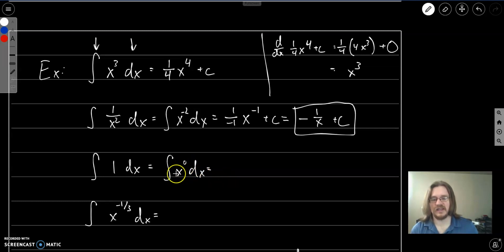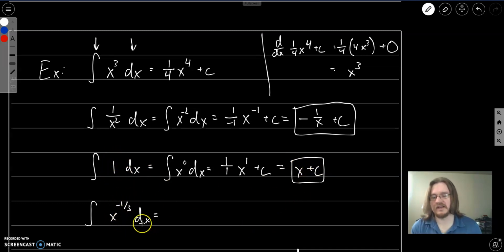I can raise this to the 1 bigger power. 1 bigger than 0 is 1, and I need to divide by 1 and add c. But 1 divided by 1 is 1, and 1 times anything is whatever that is. And x to the first power is just x. So there is my antiderivative of 1.